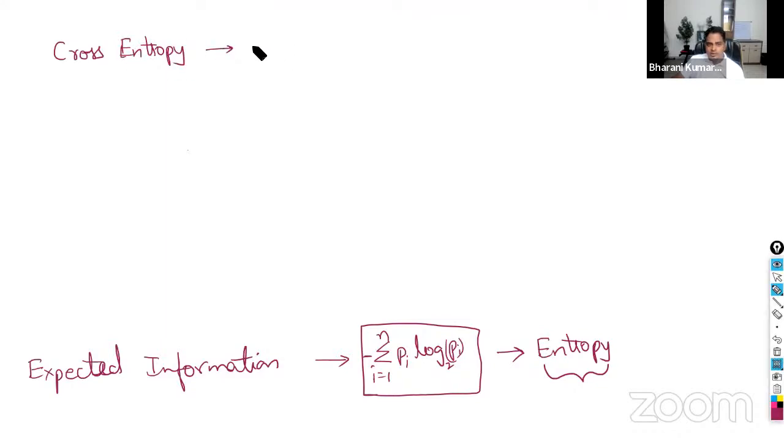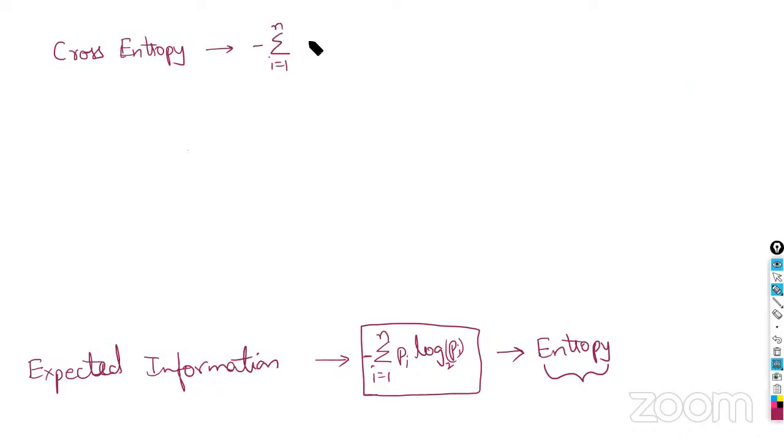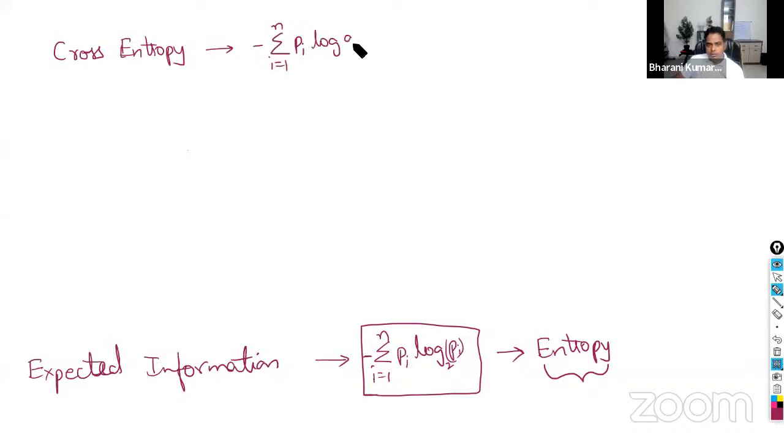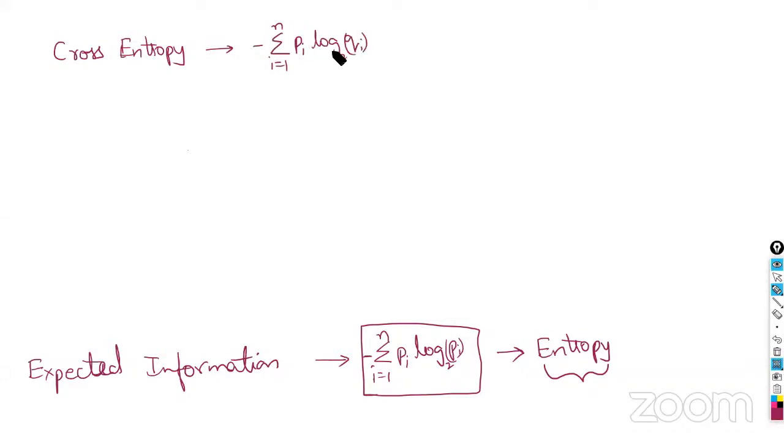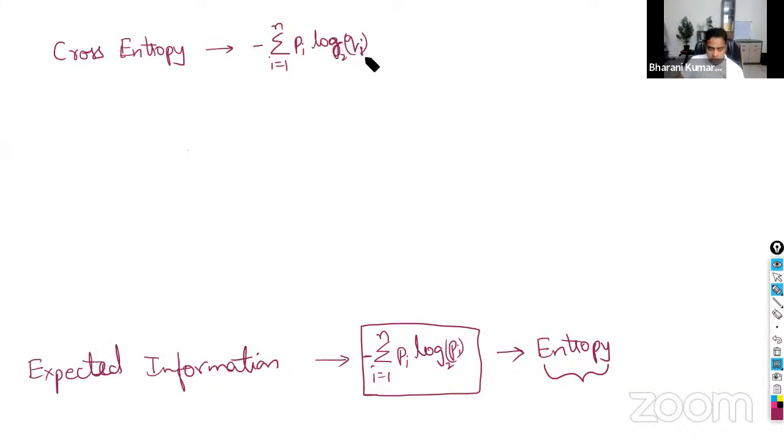Cross entropy is given as minus summation of i equal to 1 until n, pi into log of qi base 2. Okay, pi into log of qi base 2.